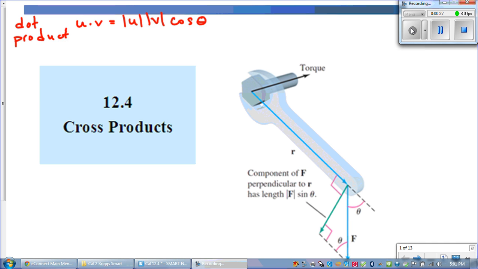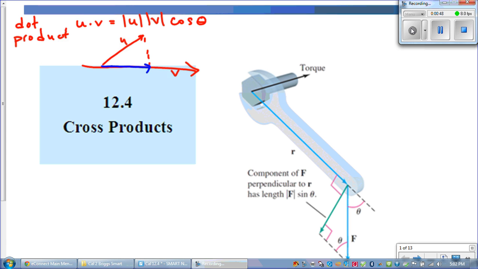Now, the reason we used a dot product was to find the projection of a vector u onto a vector v. So that was the application that made dot products useful.